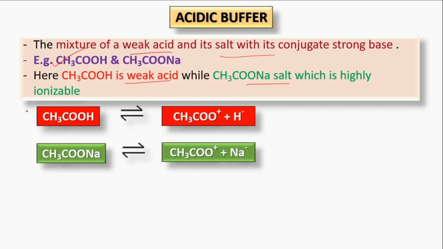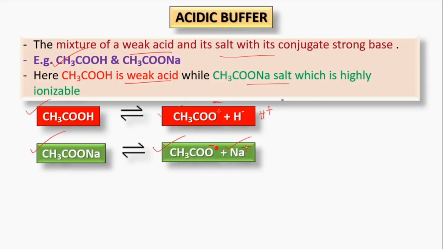Acetic acid can dissociate into acetate and hydrogen ion, while sodium acetate can dissociate into acetate ion and sodium ion. Sorry, the acetate would be minus and sodium would be plus, hydrogen would be plus and acetate would be minus. Please correct it.